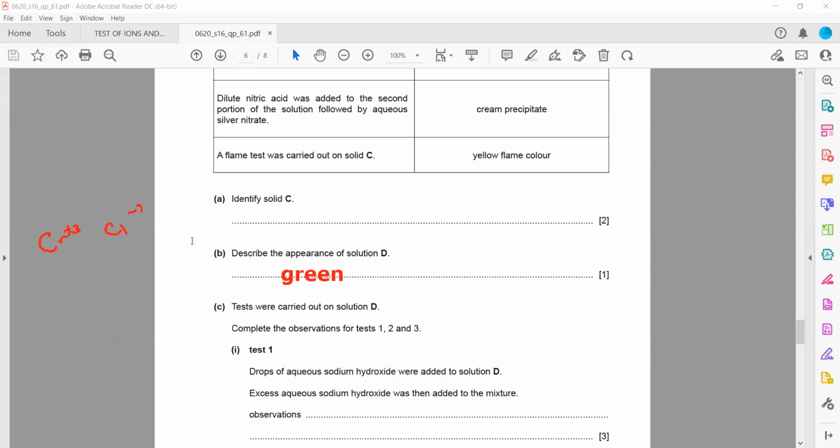Tests were carried out on solution D. Complete the observations for tests 1, 2, and 3. We are adding drops of aqueous sodium hydroxide to solution D, and then in excess.